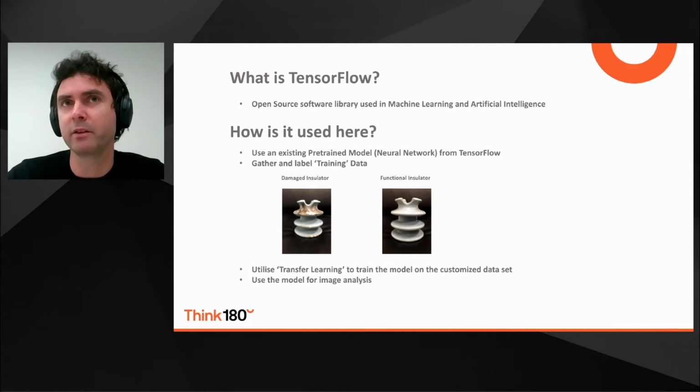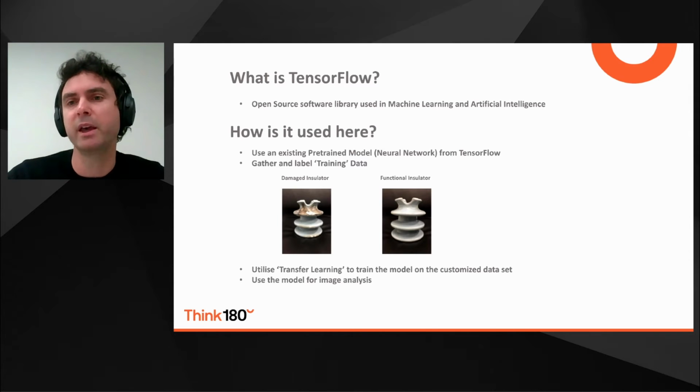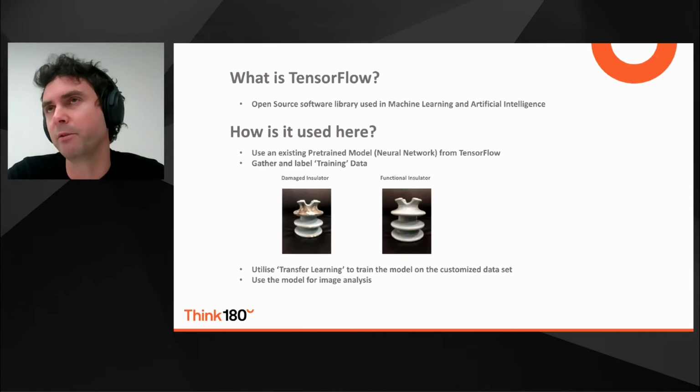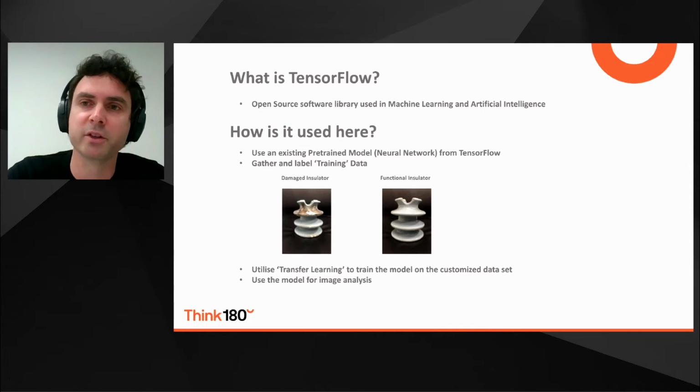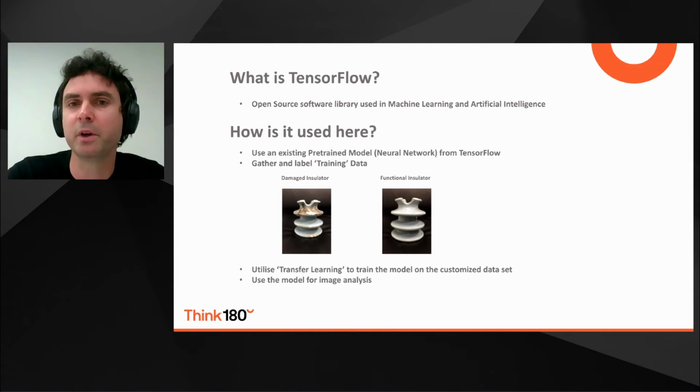It has APIs built into it, which allow you to build these scripts, which very quickly allow you to build models, train models, do analysis on models. There's a whole bunch of functionality built into it, which make it very quick and easy to use high-level languages like Python or C++ to harness the power of AI and machine learning.